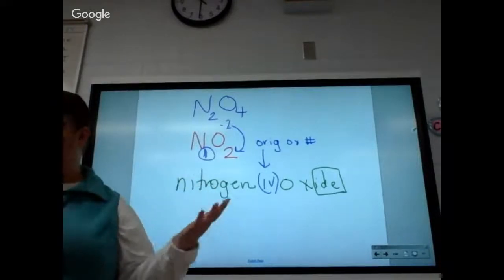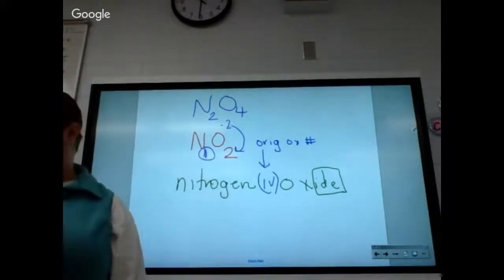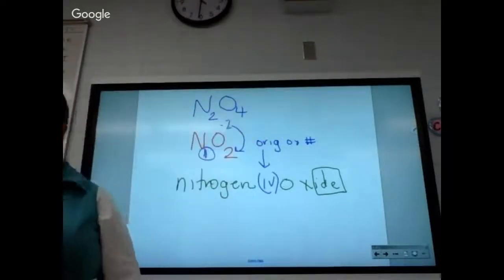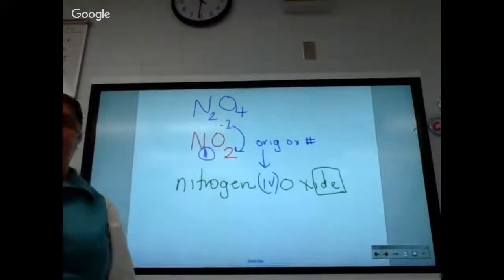Does that help at all with the Stock system? You have to tell me the oxidation number. Yes or no? Anybody else? Question?